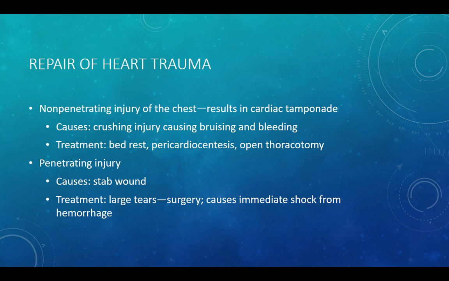What they do is they attach a fairly large needle to a syringe and stick it up underneath your xiphoid process, and it has an attachment with an electrode on it, so that it will actually tell if you go too deep and you start getting electricity from your heart muscle. Then you back off a little bit and you can start pulling back and get the blood out of there.